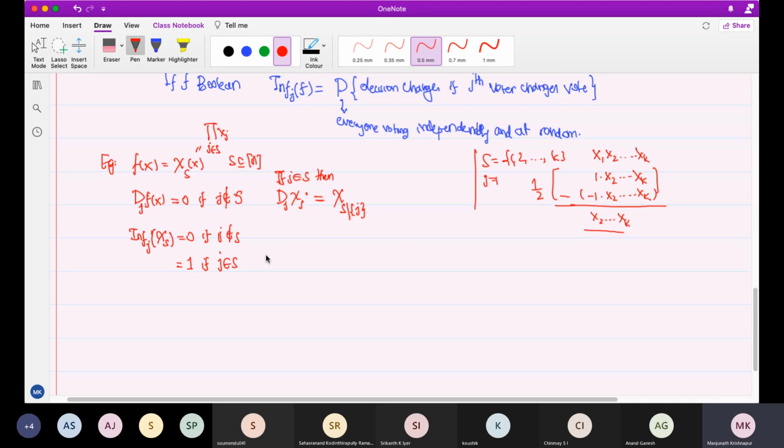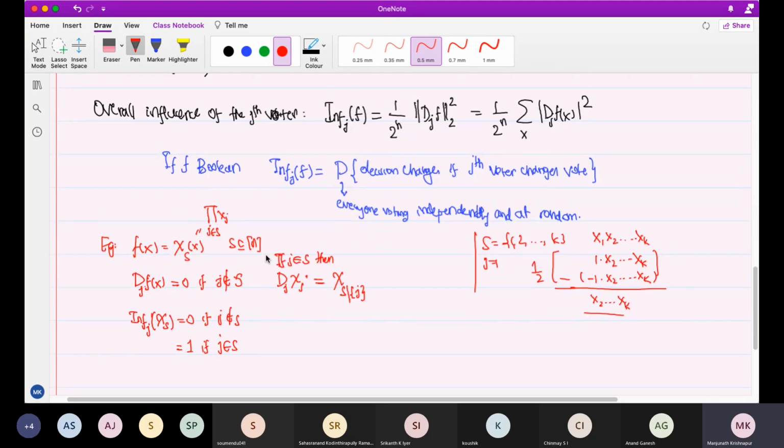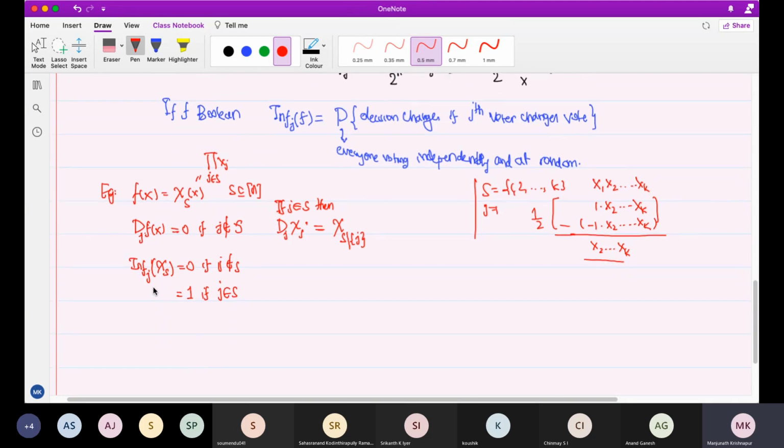Yes, indeed. Because if you look at the definition of the L2 norm squared, this is of absolute value 1, so it will be 2 to the n, and you are dividing by 2 to the n, so you get 1. You can also see it, this is a Boolean function. What is the probability that chi S will change if the first voter changes their mind and everyone else remains the same? This will change sign, right? From 1 to -1 or vice versa. So it will definitely influence. So this is an example of influence.